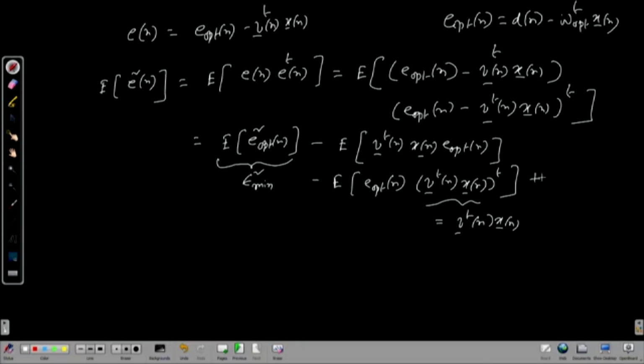And the last term is the expected value of V transpose n x n; if I take the transpose of this, it is x transpose n V n.